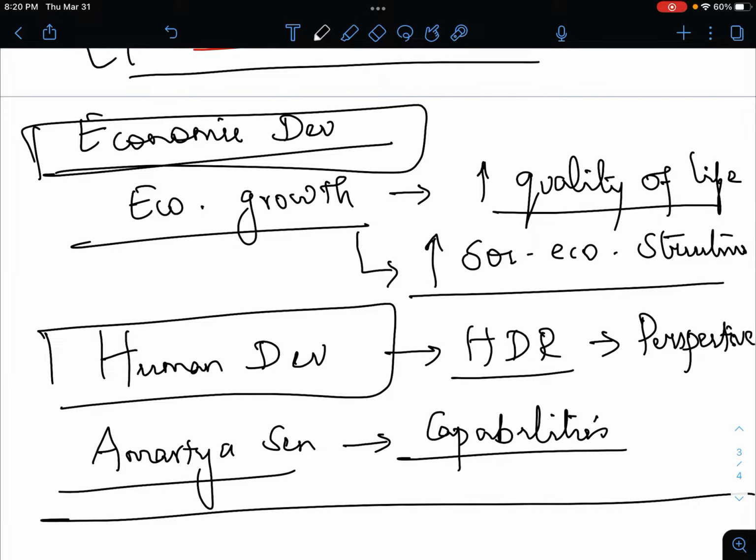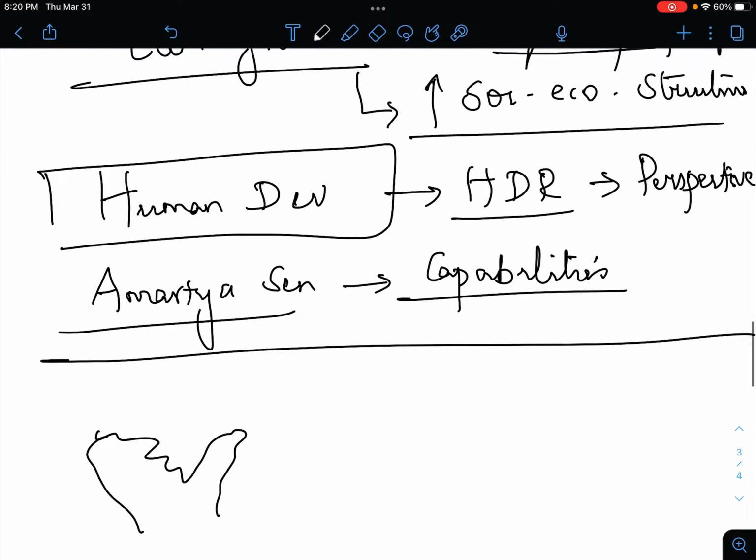There are various definitions available for economic development, but quality of life is a very important term that must accompany development. If economic growth comes with quality of life, then it means economic development. What is human development? Amartya Sen has given the definition that it is an expansion of human capabilities.